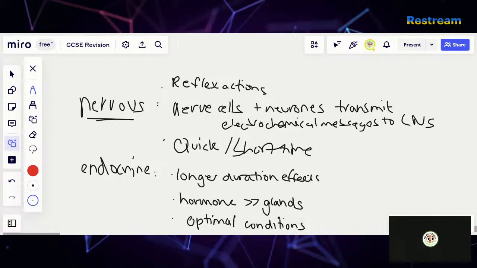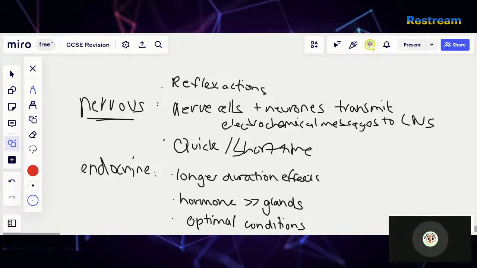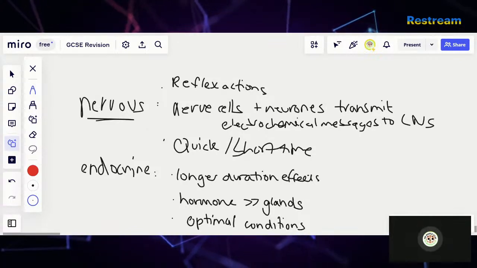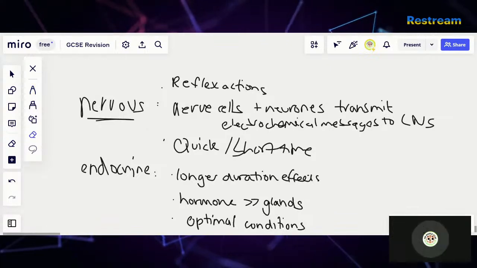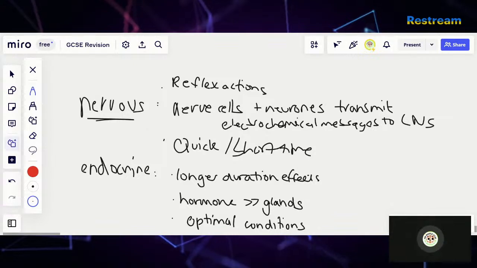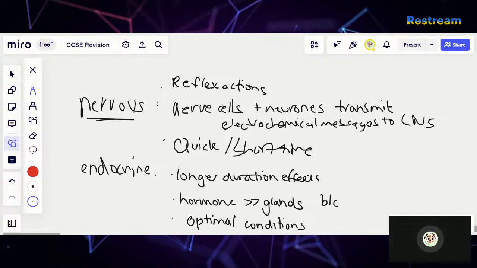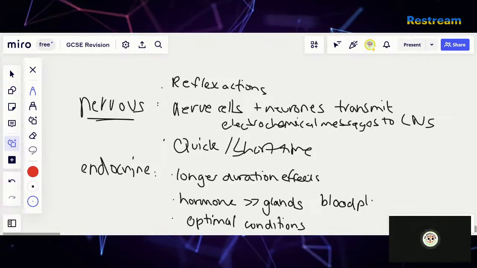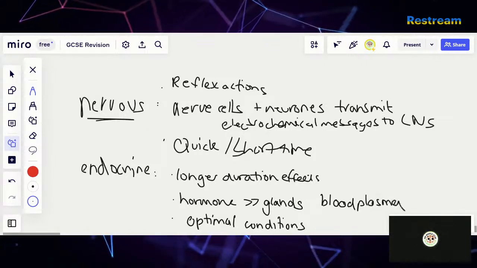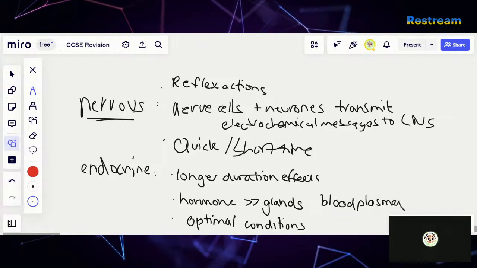If these conditions are not kept in balance, it is transported within the blood plasma. So you can say hormones are released from the glands into the blood plasma, and it has longer and slower effects.